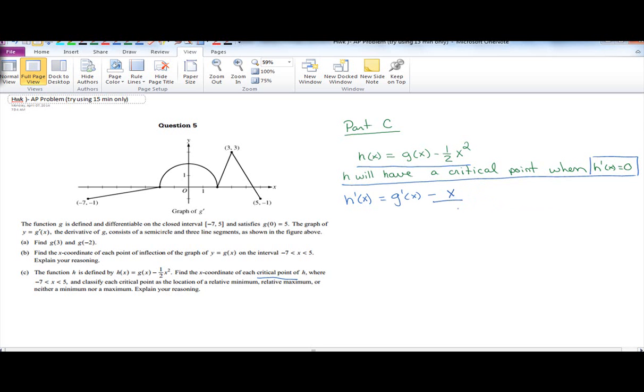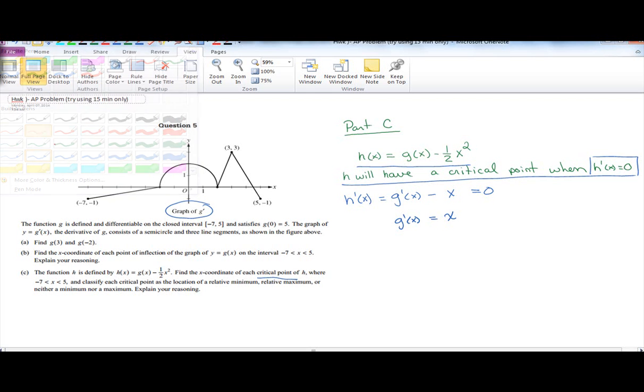And so I know what this looks like. That is a line. And this I know because they've given me this graph. So if I'm looking to see when this is equal to 0, then another way to write that is where g prime of x equals x. And so this goes back to the idea of graphing things and solving by graphing.